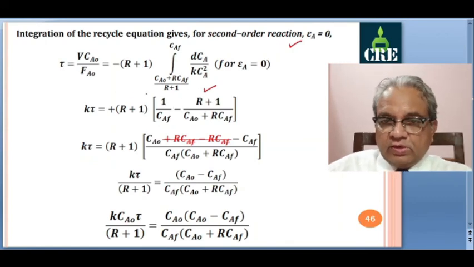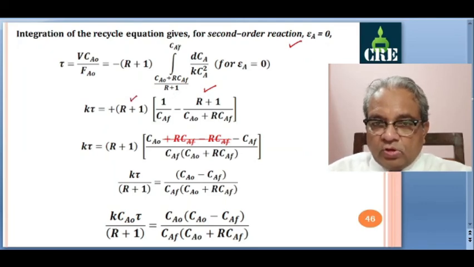Here we have retained the order of integration, and this minus sign made this plus. So 1 upon upper limit, 1 upon lower limit, this we have written.